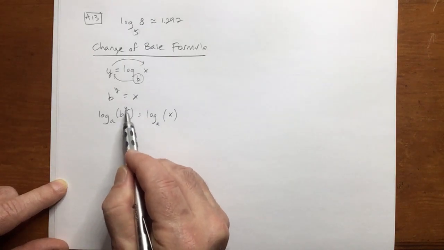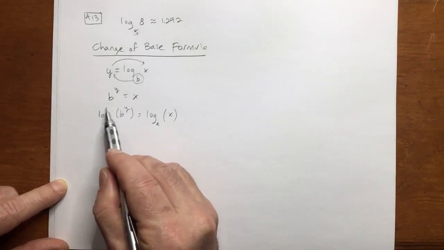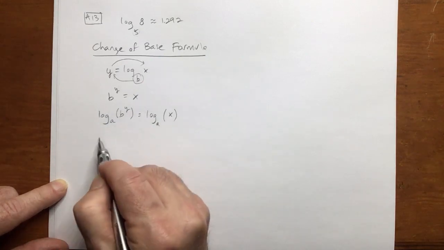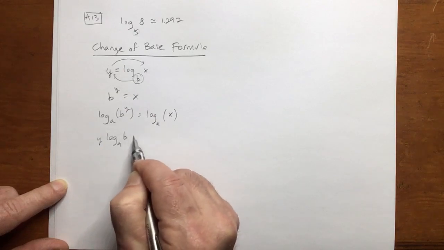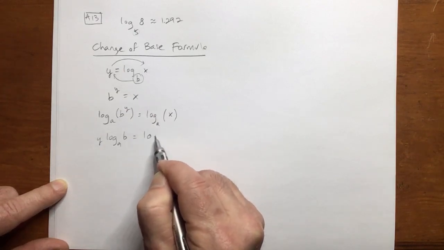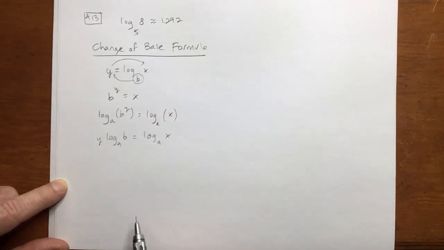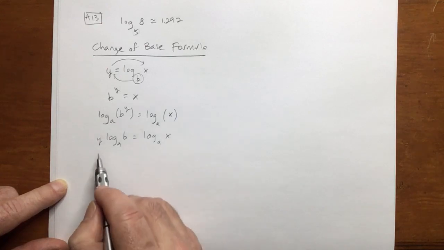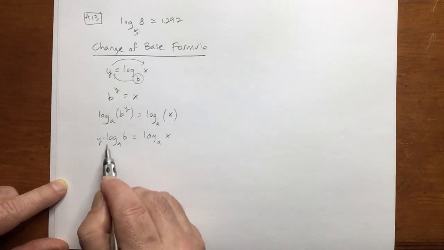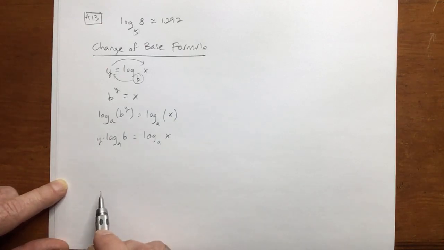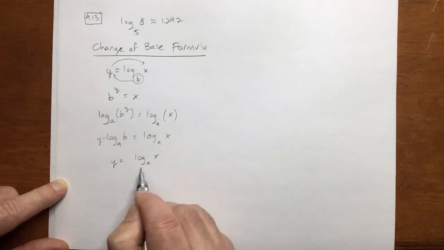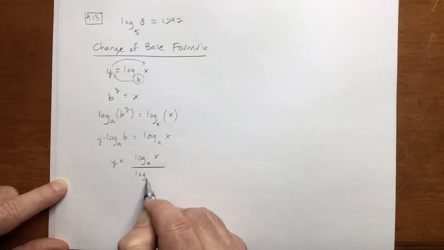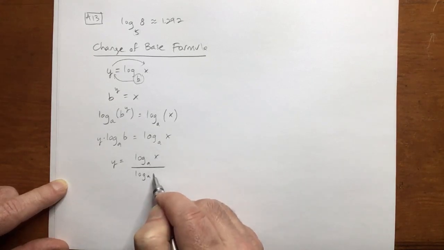I have an exponent, and so we now know we can pull that out as the coefficient. And so I get y times log base A of b equals log base A of x. Now, this is multiplication, so I could divide by log base A of b on both sides. So I get y equals log base A of x over log base A of b.